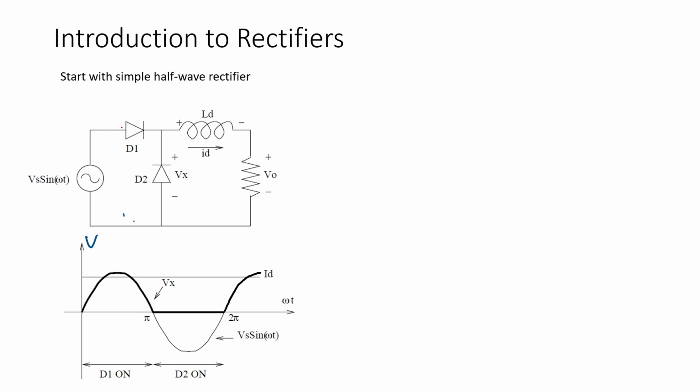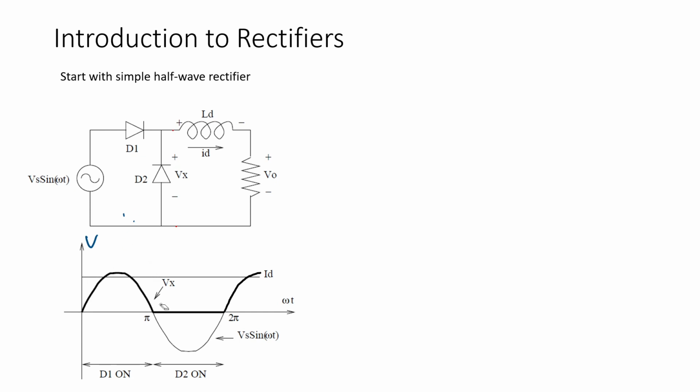When the sine wave is positive, this diode D1 turns on, this one turns off, and then you have voltage VH here. VH means the terminal around here and here. So VH would be equal to this when D2 is off, right? So that's why during the positive voltage of the source, VH is the same as the source.